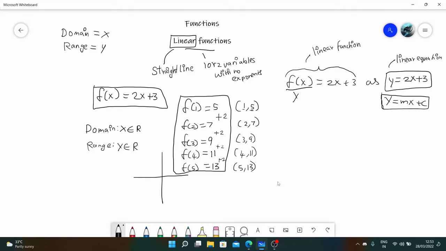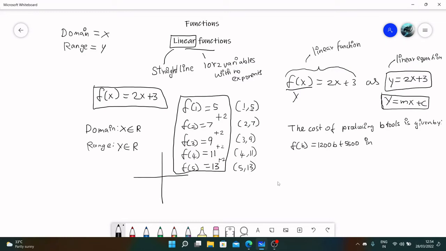So let us take a look at a question. The cost of producing b tools by a company is given by f of b equals 1200b plus 5500.